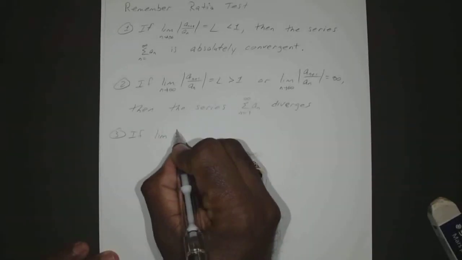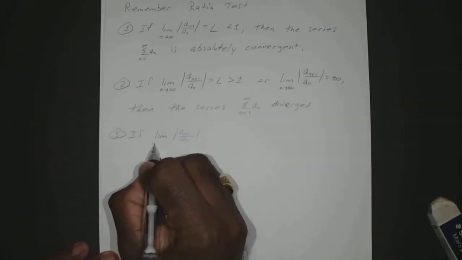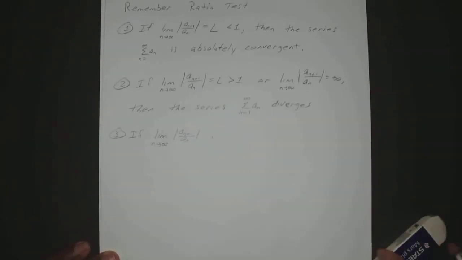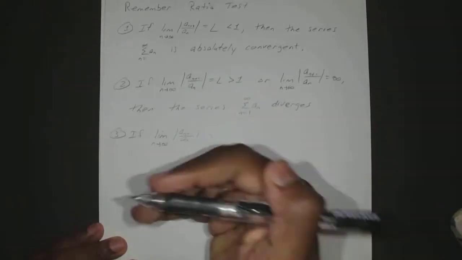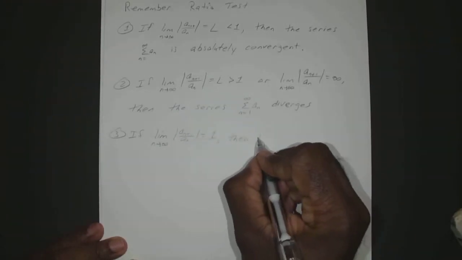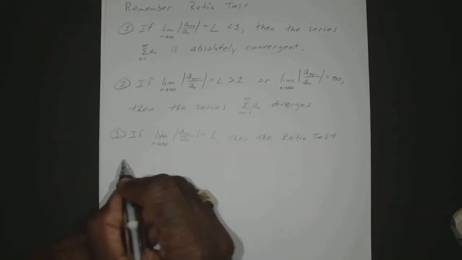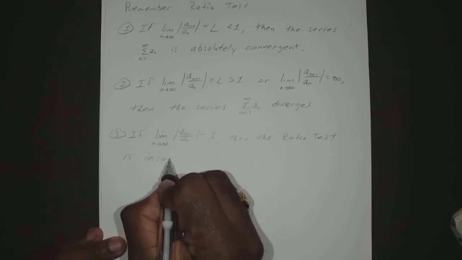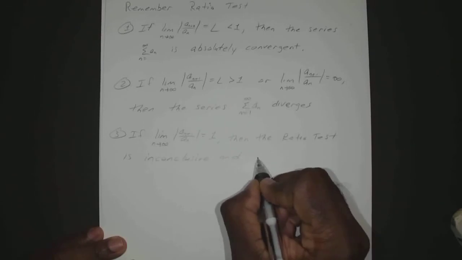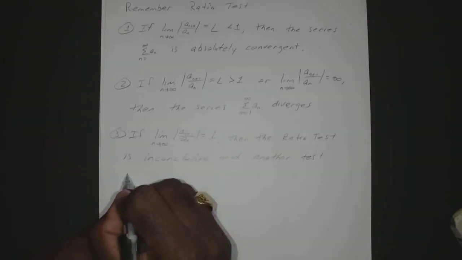So if the limit of the absolute value of a sub n plus 1 over a sub n as n approaches infinity actually equals 1, then the ratio test is inconclusive, and another test must be used.